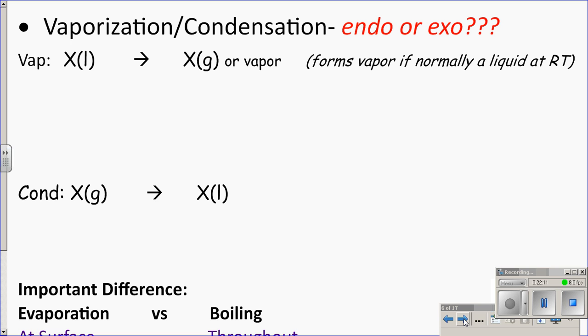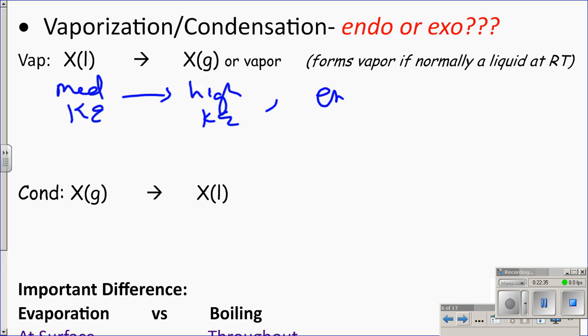Okay. So you tell me here. Write down what you need to and shout out exactly what we did earlier, but for this new phase change. What are we writing here? Medium kinetic energy? High kinetic energy. Yes, it's endothermic because you're putting energy into the process. Delta H is positive. And what process is this, from liquid to gas?